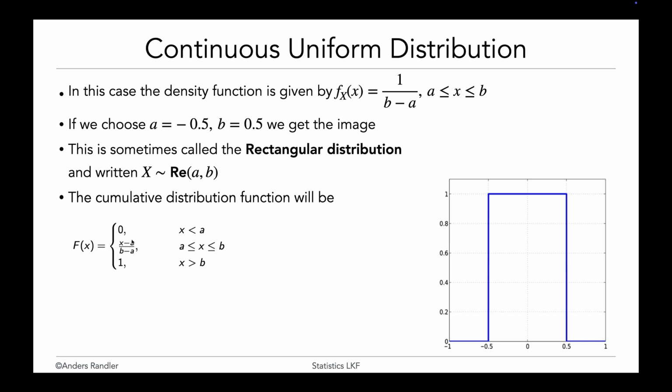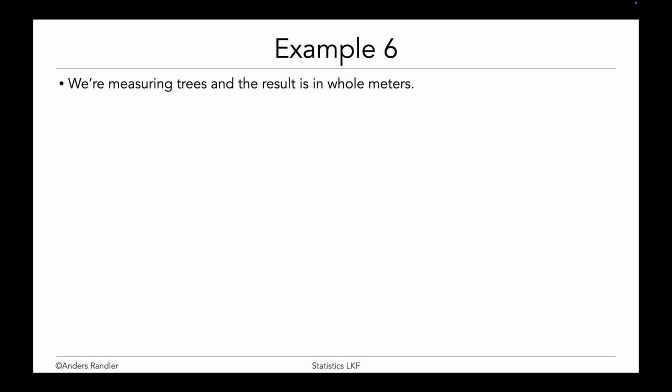This might be a bit odd, but if you think about it, it is not really that strange, because b minus a is the complete stretch and x minus a is the part that we're talking about. So what's the probability that x is less than or equal to 0? If we enter that, we'll get the answer. But like I said, it's not used too much, but here's an example anyway.